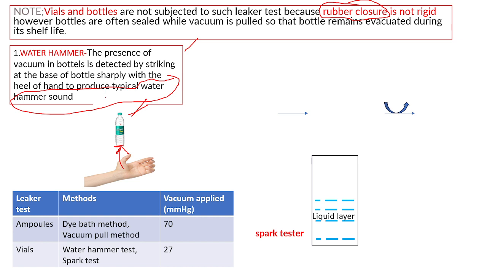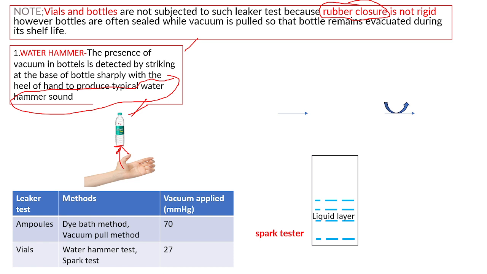Actually, while preparing these bottles, we need to remove the vacuum. So whether the vacuum is present in those bottles or not can be confirmed by the water hammer test or spark probe test.